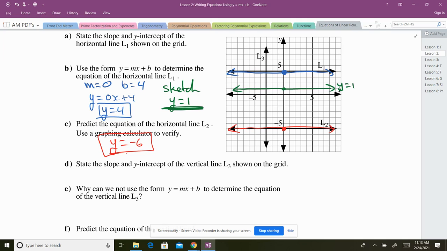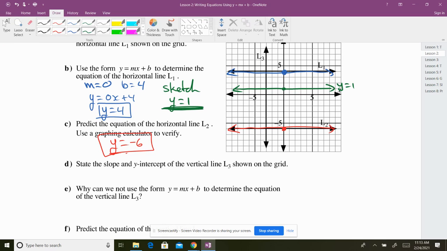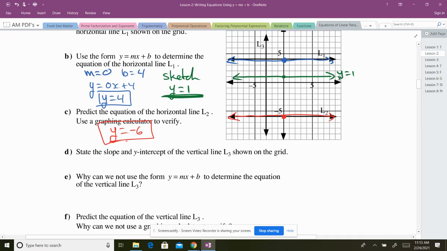Now let's do horizontal or verticals. It's in red. Okay, so L3, this vertical line right here. We know that the slope of a vertical line is undefined. So we can't write it in the form y is equal to mx plus b because we can't put anything in for m. It doesn't make any sense.